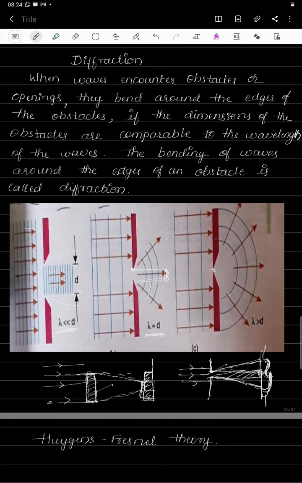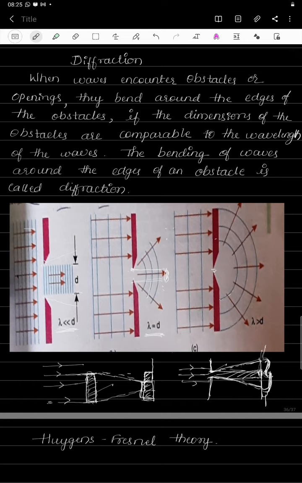The opening acts as an independent source of waves which propagates in all directions. No matter from which source these light waves are coming, this opening acts as the independent source, and it is responsible for the propagation of light waves further after the opening.